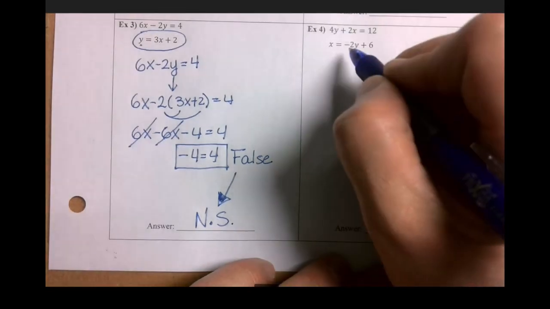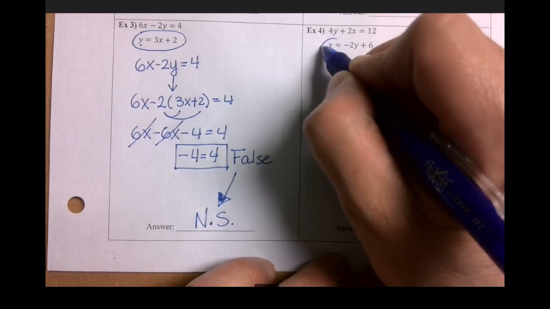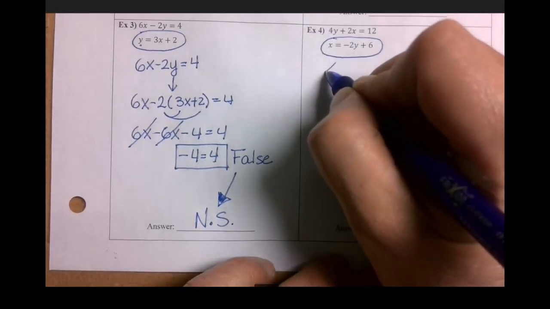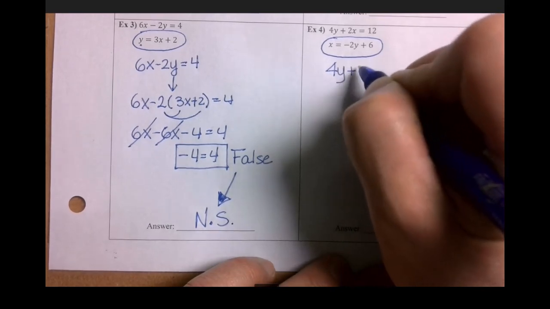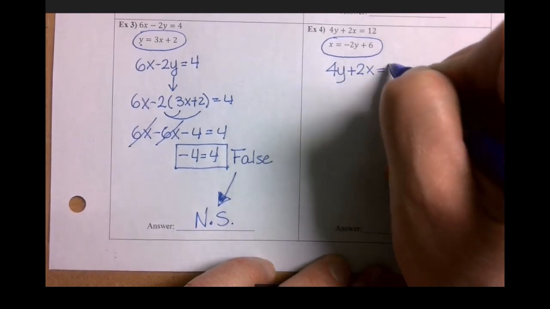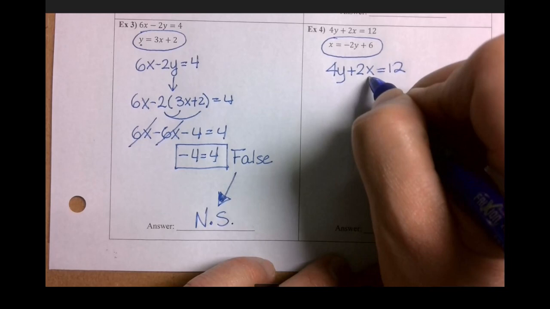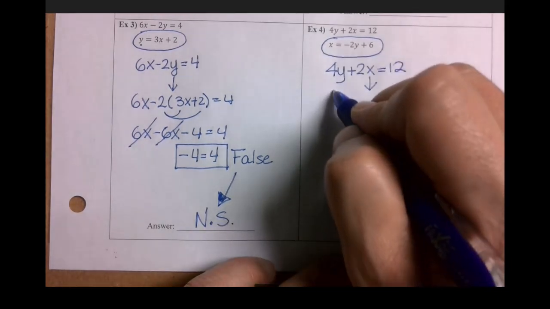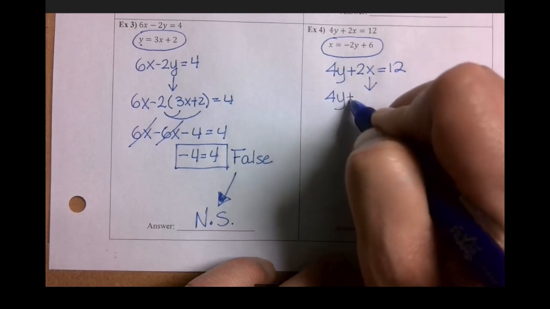All right, let's try the next example. Again, if I see an equation with the letter alone, which in this case is x, I copy the first equation so I can have space to put my arrow. And my arrow is going to go under the x, because the x is the letter that is by itself. So then I go 4y plus 2.